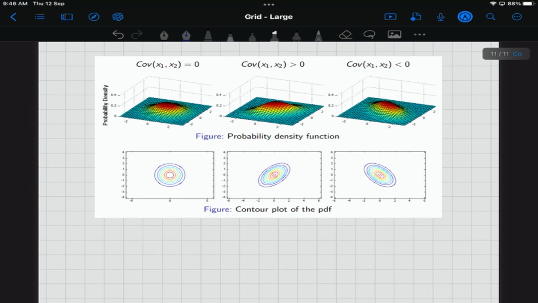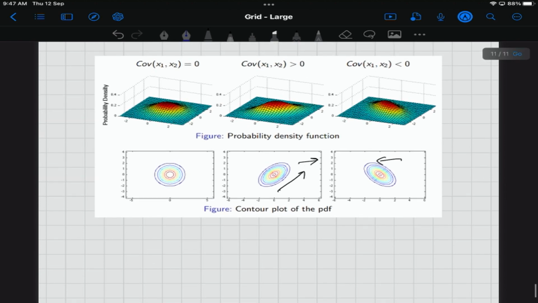Now if the covariance between feature 1 and feature 2 is positive, the contour plot of that bivariate Gaussian will look like this. It is a positive correlation, and this is your negative correlation. Here, feature 1 and feature 2 are still correlated, but my covariance matrix exists and we are still able to fit a multivariate Gaussian for it.